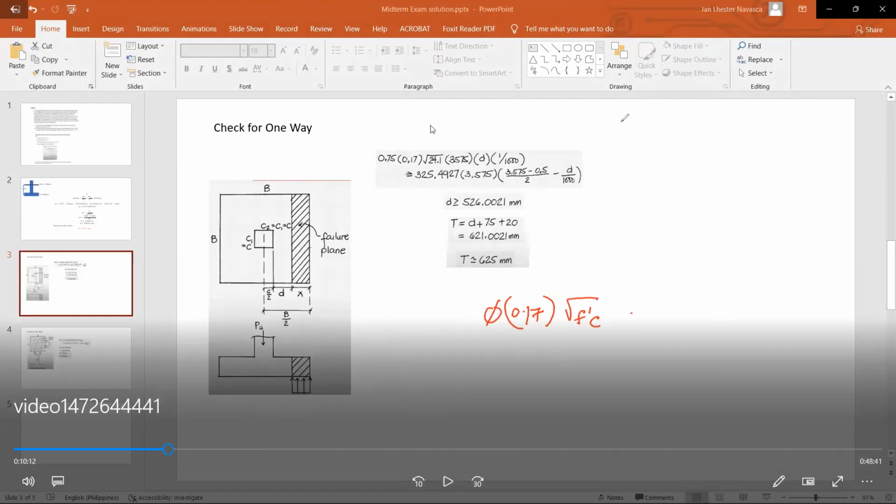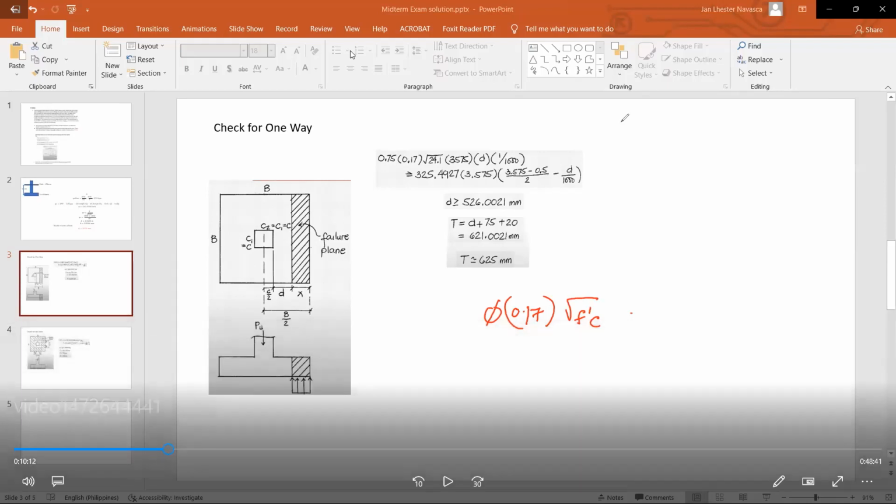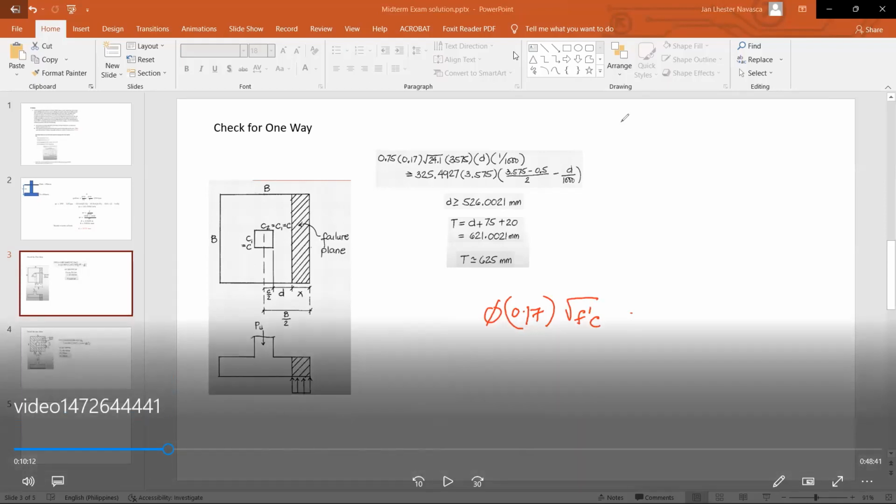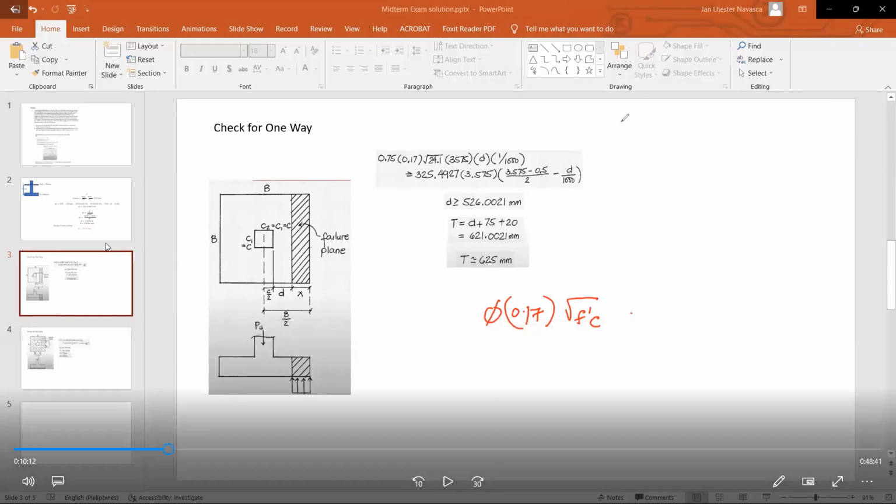Ayan. So for checking in one way, nakikita niyo ba class yung screen? Yes po. Okay. So for checking for one way, just solve it in terms of D. Sinolve mo yung D which is equals to 450 millimeters, yun you try. Hindi siya pumasa. So now solve mo yung required effective depth based on one way and two way.